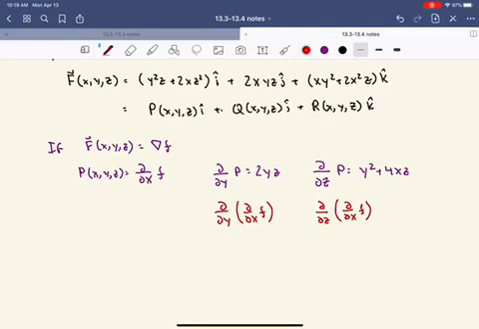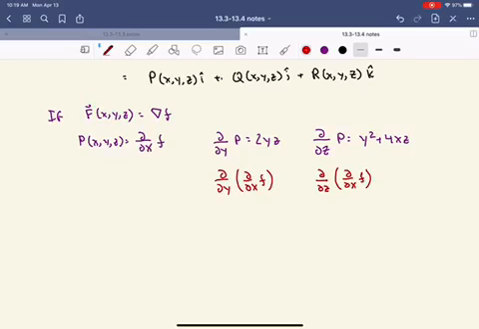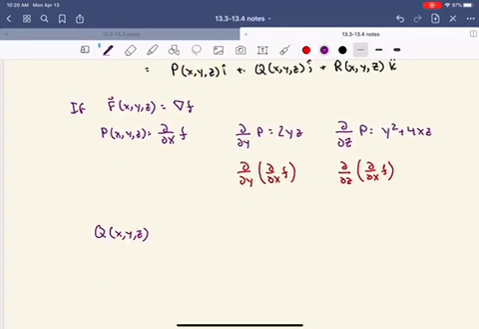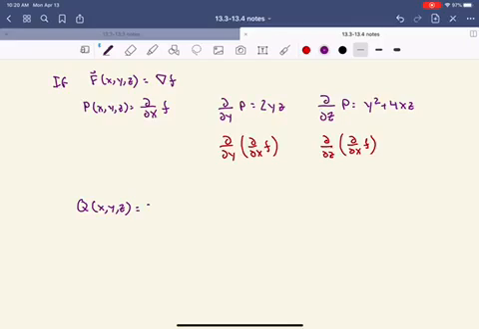Okay, now let's take a look at the Q. Q of x, y, z, let me write it down as 2xyz, is the partial with respect to y of our scalar function f. So now let's take the derivative with respect to x of this.